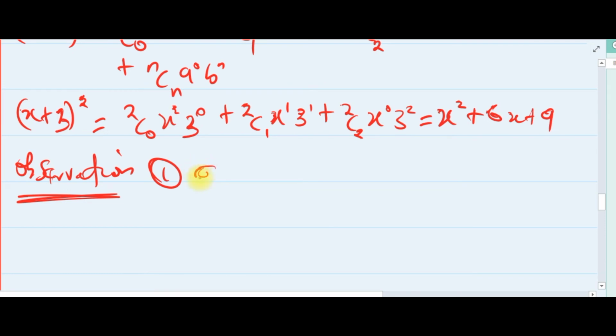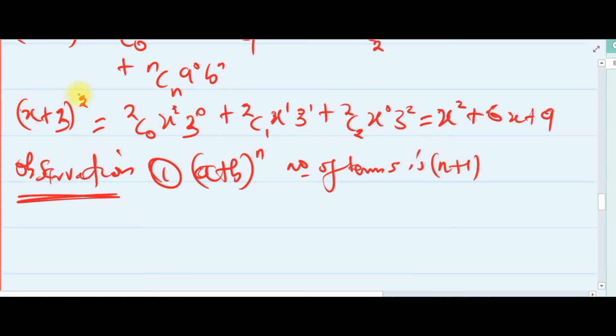That's for any binomial expansion. If you check these, how many terms? 1, 2, 3. If n is 1, we have 2 terms. If n is 0, we have 1 term. So that's the first thing we observe.